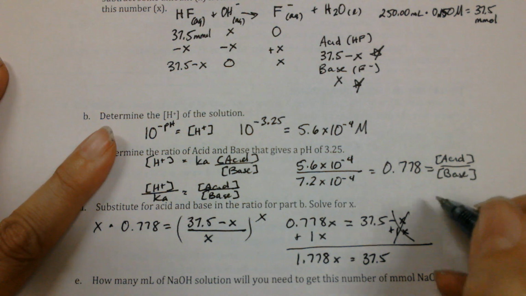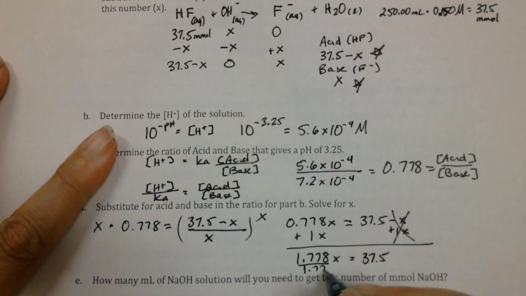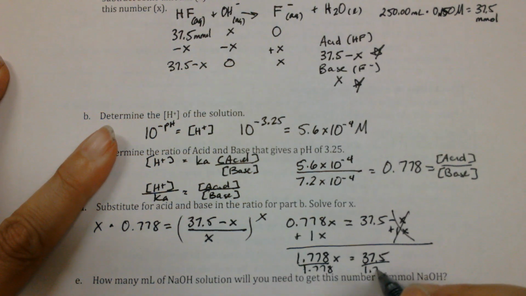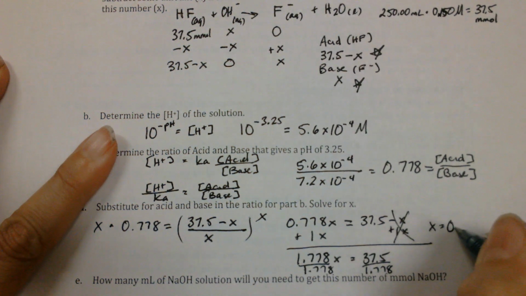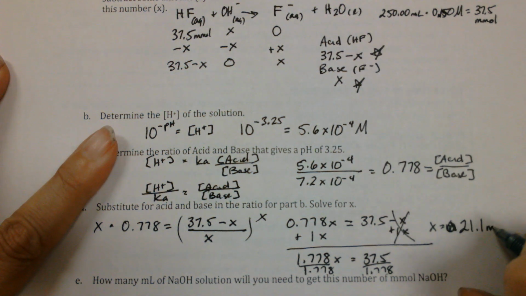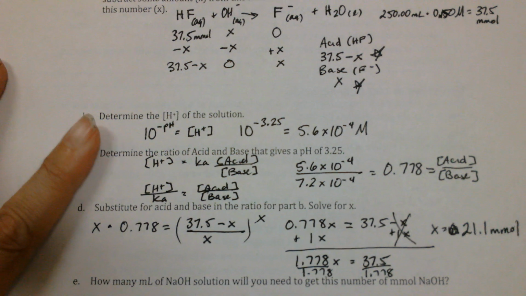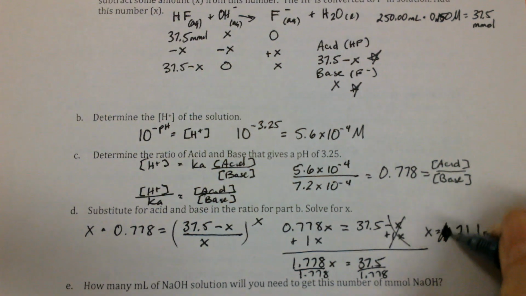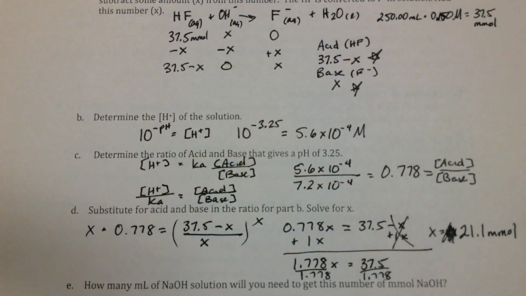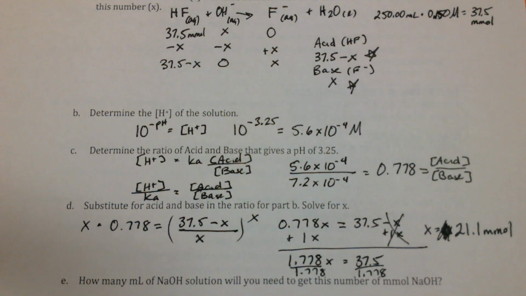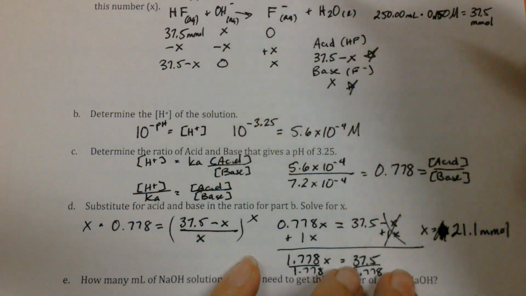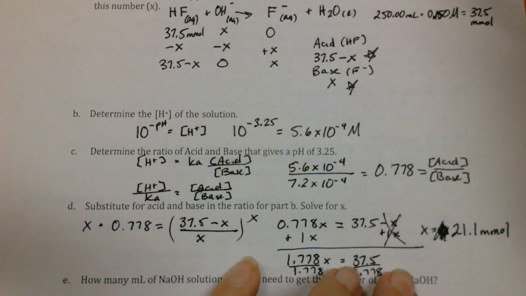So if I go ahead and divide, so I get the x by itself, then I get that x is equal to 21.1 millimoles. So if I have x, and I have that it's 21.1 millimoles, I have that this is 37.5 minus 21.1 millimoles.